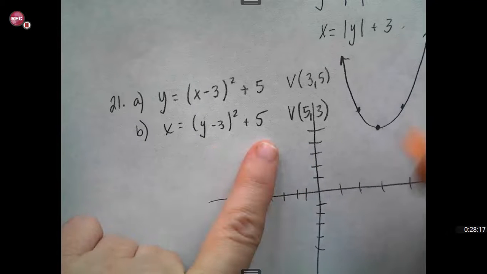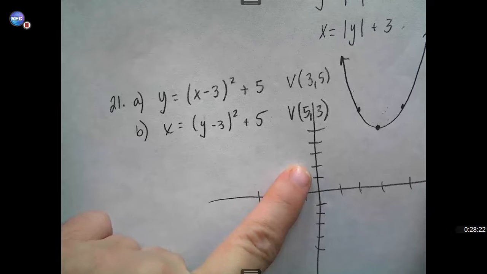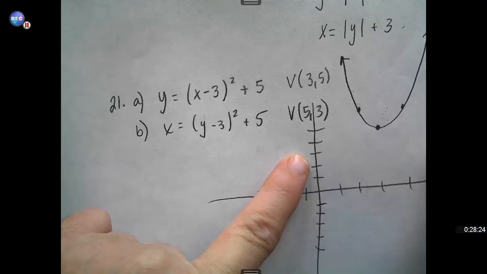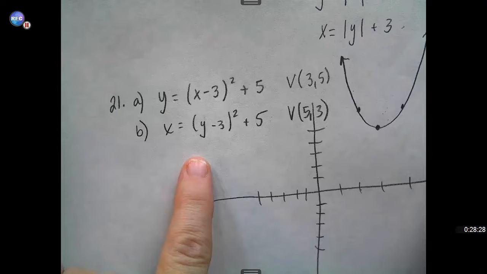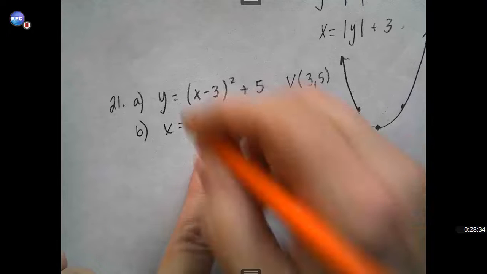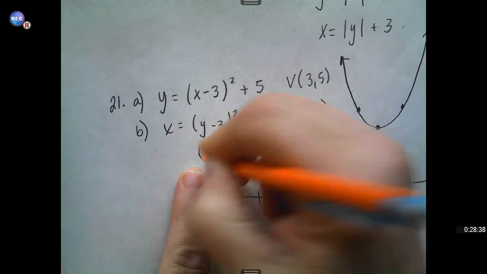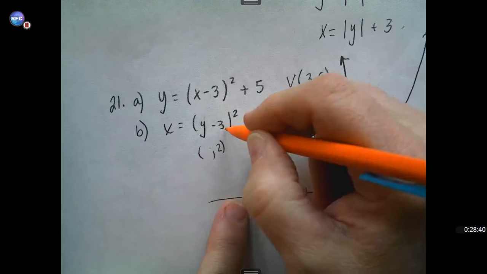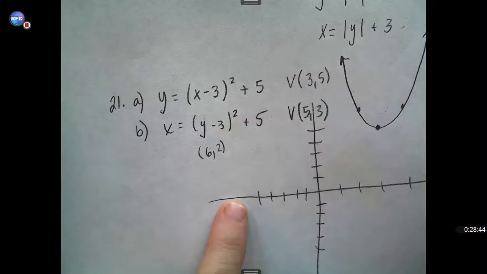This one's vertex is at 5, 3. And if I plug in 2 for y, I get 2 minus 3 is negative 1, squared is 1, plus 5, I get 6 for x.